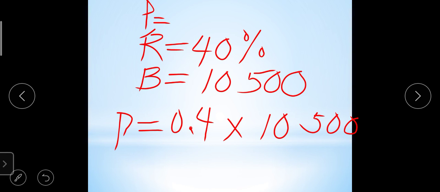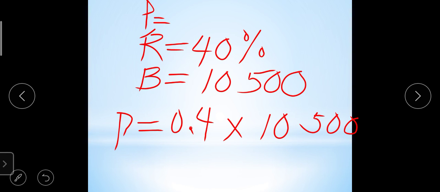And if you are going to buy 3 tickets, you will have a 40% discount for the total amount of the 3 tickets. So our R will be the 40% discount and our B is the total amount of the 3 tickets. So that is 3,500 times 3. That is 10,500.